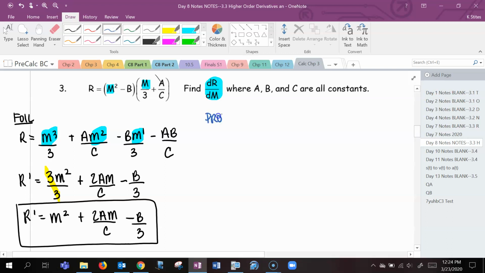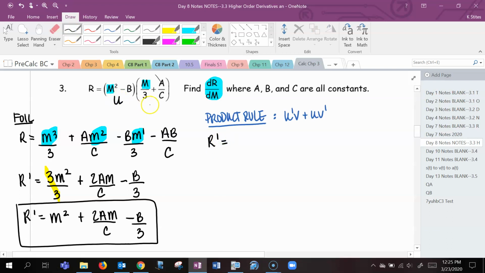Option 2, we're going to use product rule, which is u prime v plus uv prime. So u prime is just going to be 2m, oops, I should put my notation, r prime.